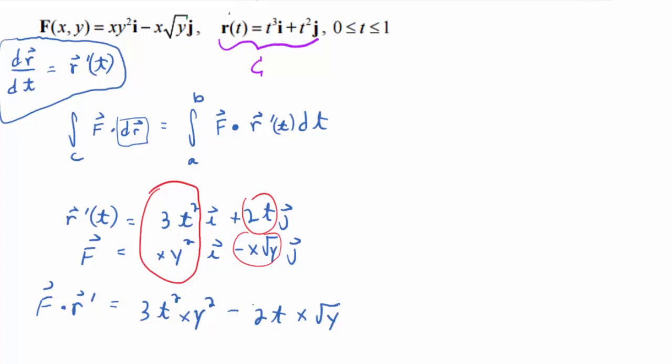In this problem, your parameterization is given to you. So in that sense, it's a really straightforward problem where if you're going to mess up, it's just going to be algebraically, if you understand what's what. Because what's x here? On the curve, x is t cubed. Y is t squared.